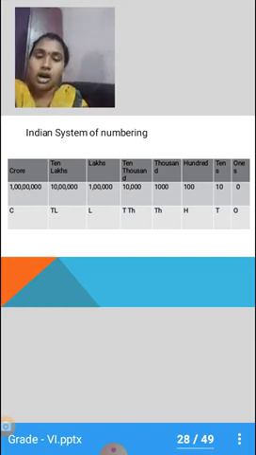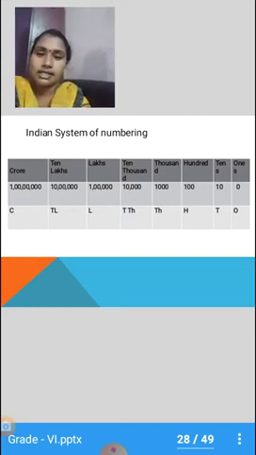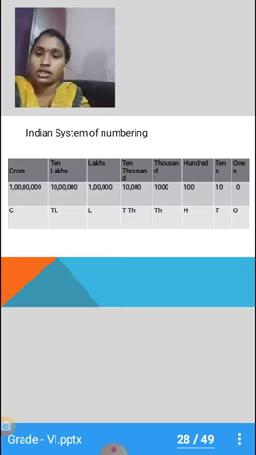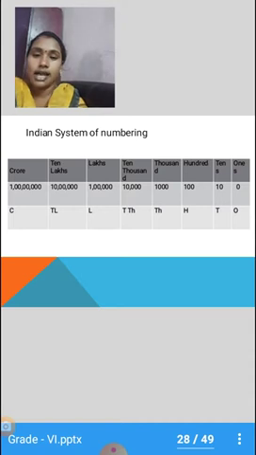So how do we classify Indian system of numbering? Ones, tens, hundreds, thousands, 10,000s, lakh, 10 lakh and crore. Let me repeat. Ones, tens, hundreds, thousands, 10,000s, lakh, 10 lakh and crore.